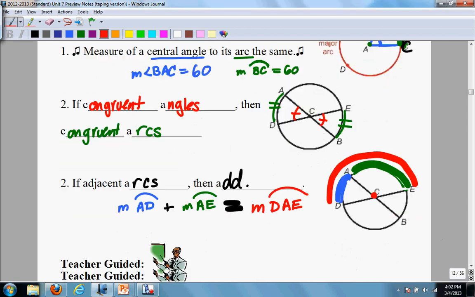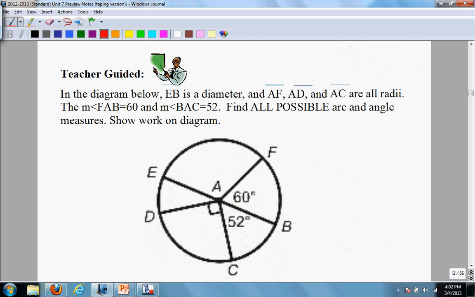Okay, we're going to do one problem together, one problem on your own, and then you'll be done. Underline with me. In the diagram below, EB is a diameter. AF, AD, and AC are all radii.